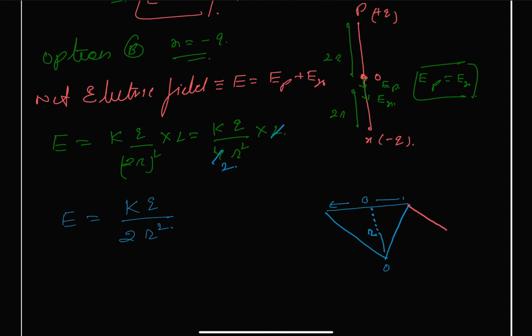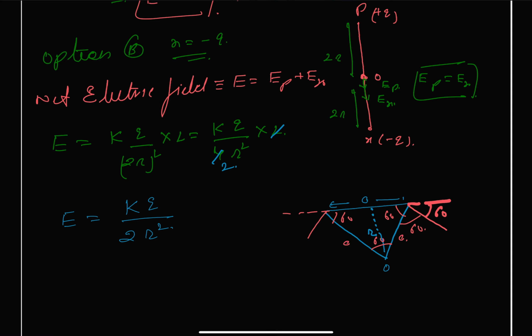This angle will be 60 degrees, and this side will be a perpendicular bisector, so this will also be 60 and this will also be 60. And similarly on the other side also we are going to have this angle as 60, so this is an equilateral triangle, each side equal to A.